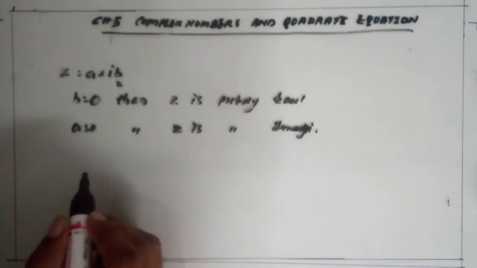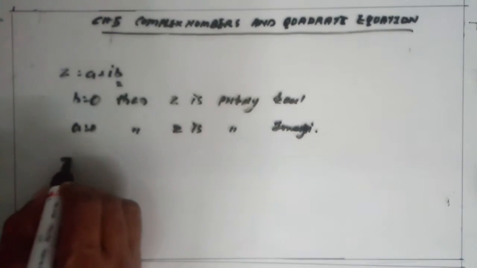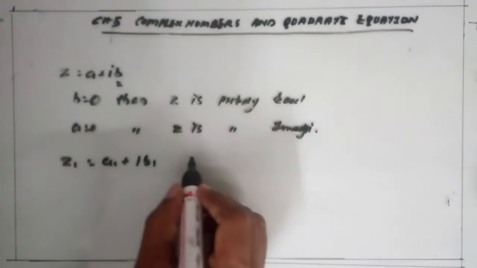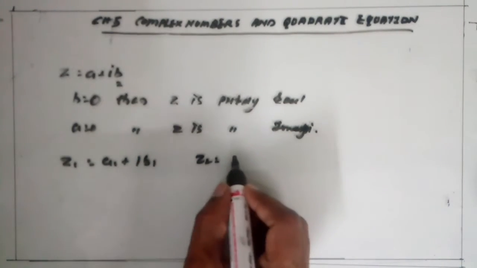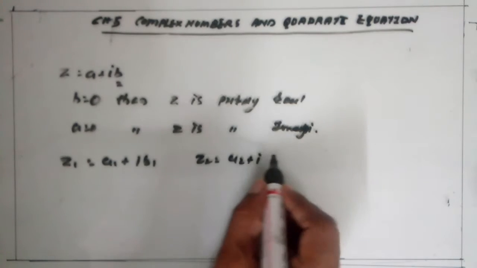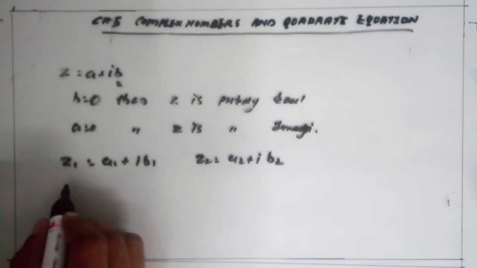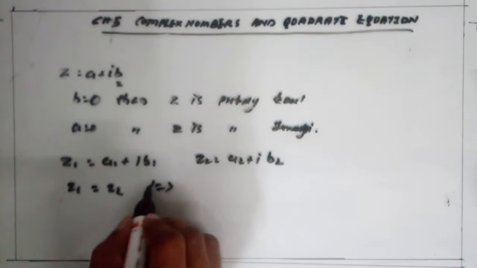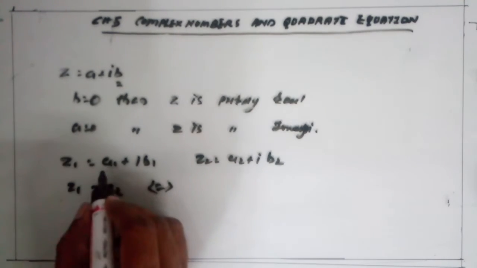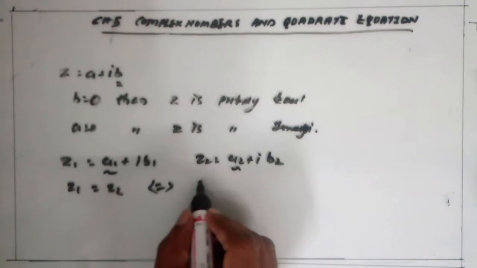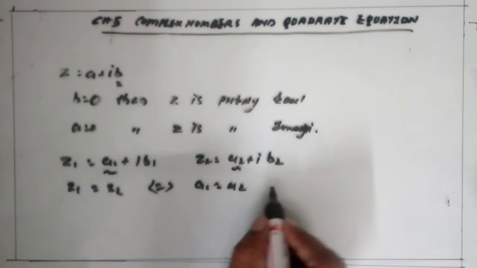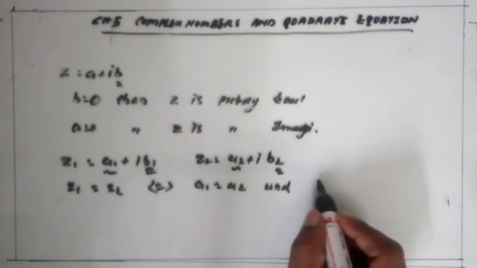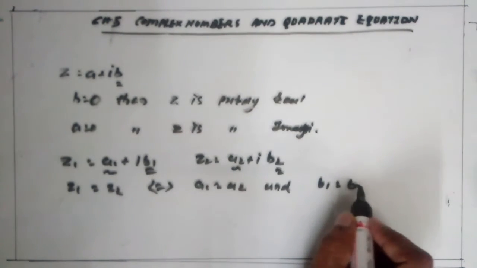Equality of two complex numbers. For complex number z1 is equal to a1 plus ib1 and z2 is equal to a2 plus ib2, z1 is equal to z2 if and only if its real part equal, a1 equal to a2, and its imaginary part equal, b1 equal to b2.